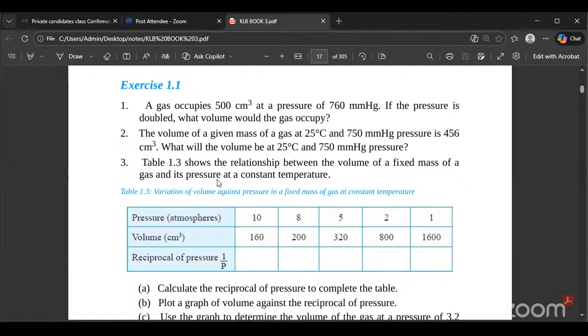Now, I have zoomed to the maximum so that it can be very visible when you are doing this one. There's something that we didn't mention very well when you are dealing with Boyle's law, which is plotting of the graphs. The plotting of the graphs still maintains the rules that we mentioned when you are dealing with acids, bases, and salts.